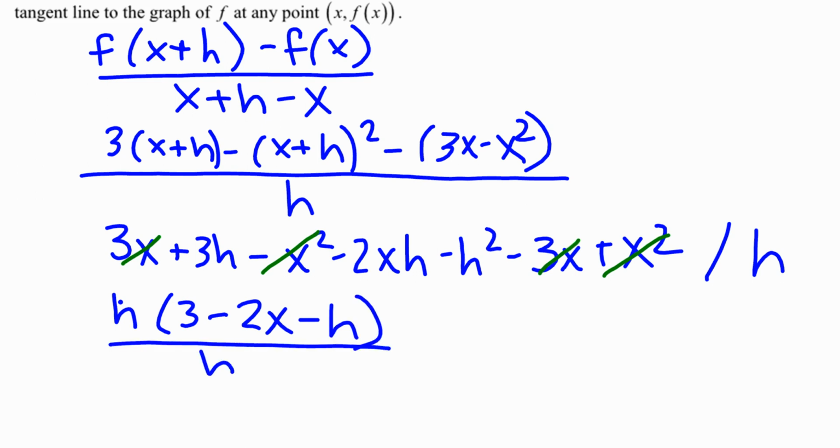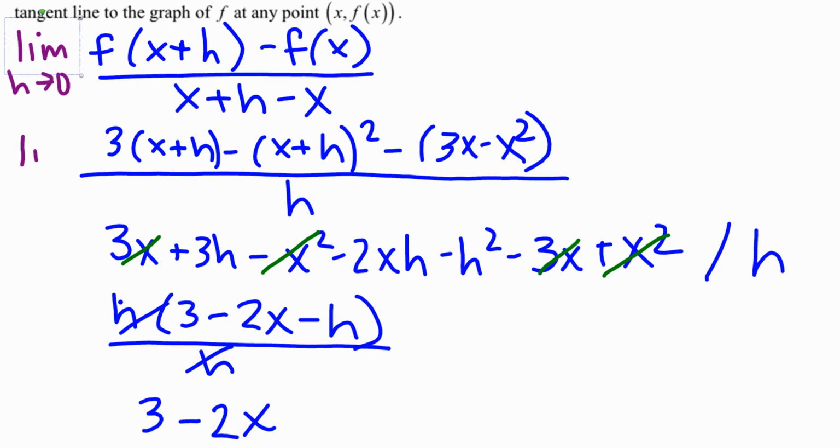So remember, as h gets really small, the slope at any point would be 3 minus 2x. Okay, and that's one thing that we're going to do. We're going to connect the idea of a limit. We're going to let h get really small.